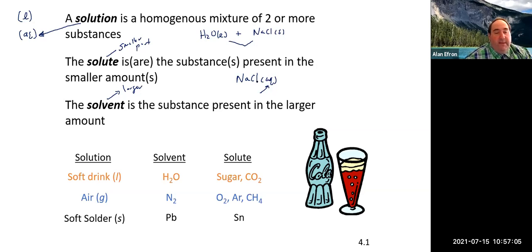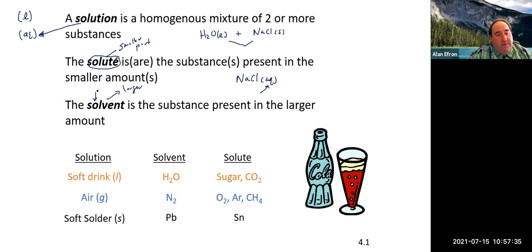Sometimes people ask, how do I know what the solute is and what the solvent is? Well, the answer is to look at the name of the solution. If we had a sodium chloride solution, the solute would be sodium chloride. If I had a magnesium chloride solution, the solute would be magnesium chloride. So really the name of the solution is the solute.